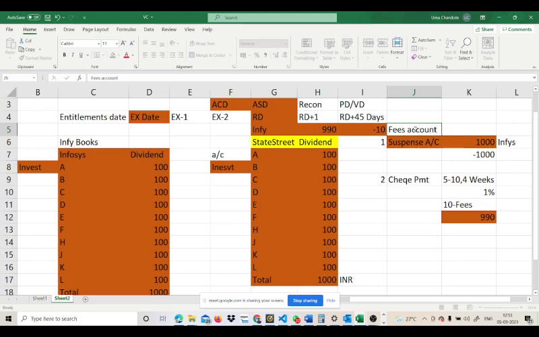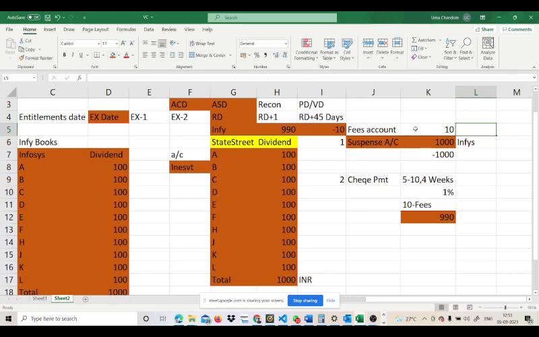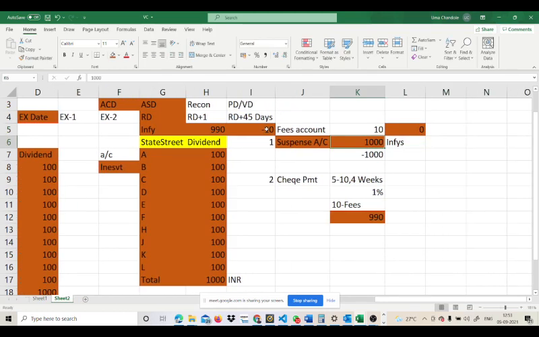Once you reverse it, it will match. When you reverse, you put the plus 10, then it will be 0, so your balances will match. This is how you can resolve this break as well. Okay, this is for check payment.